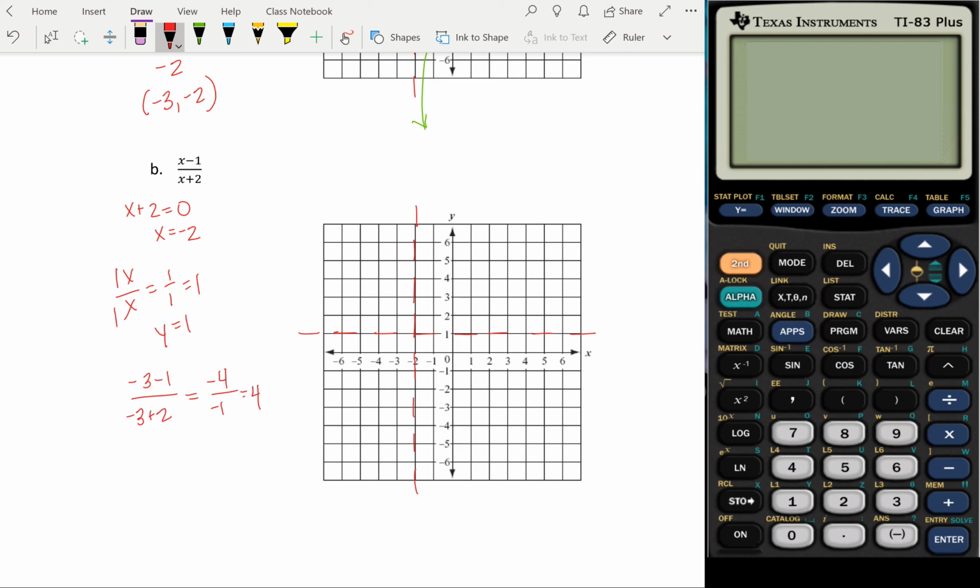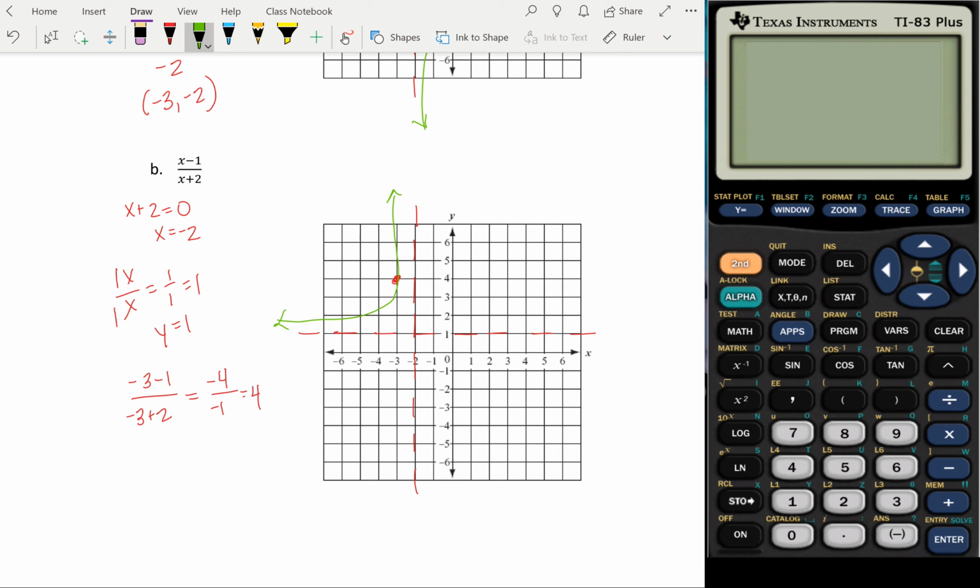So I have a point at negative 3, positive 4. So I have a point there, so I know it's in that quadrant. And of course, I know the other branch is going to be in the quadrant opposite of that. I'm going to draw my line.